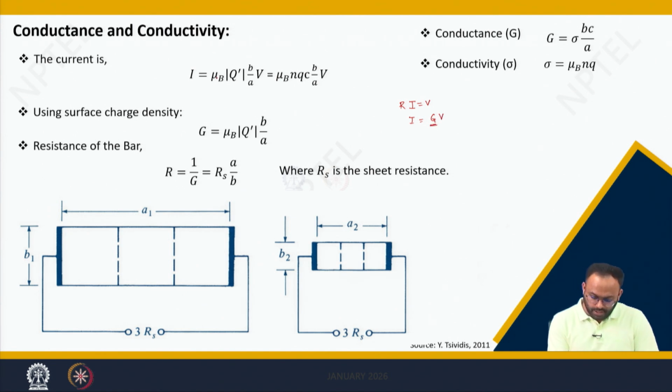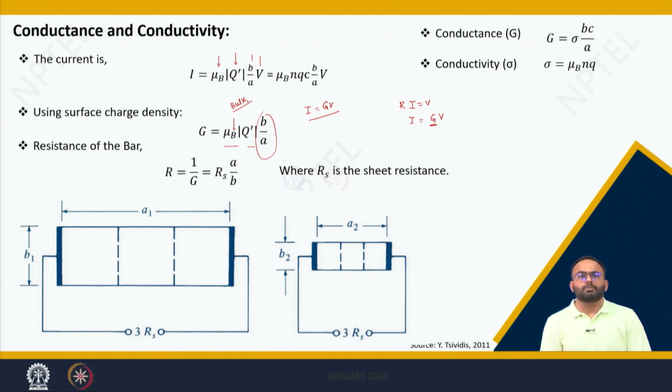We can simply rewrite our equation as I is equal to mu B into Q dash B by A into V, or I is equal to G into V, where G is nothing but mu B Q dash B by A, where mu B stands for bulk. Again, we are going to use this bulk mobility and surface mobility in our subsequent lectures. So we are not specifying here whether we are talking about electrons or holes, it is a bulk mobility. So this is the conductance.